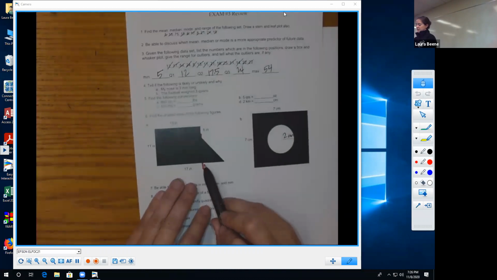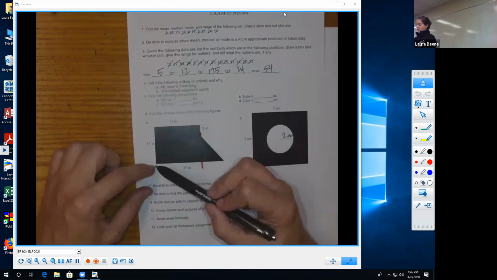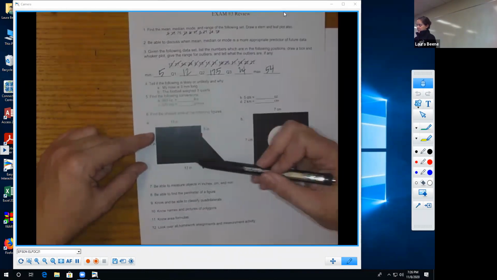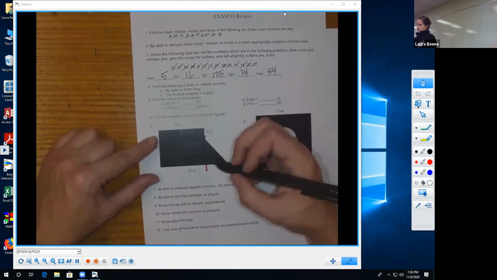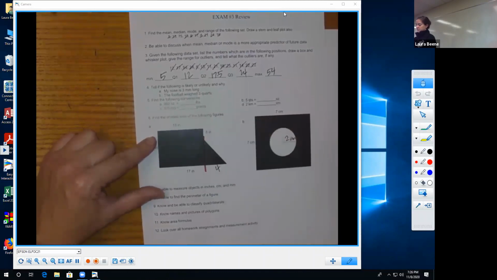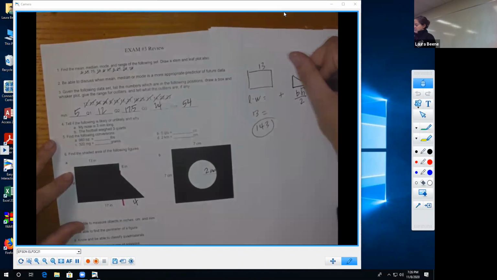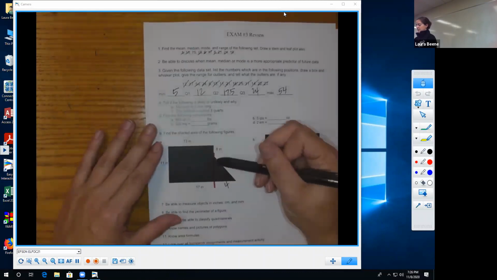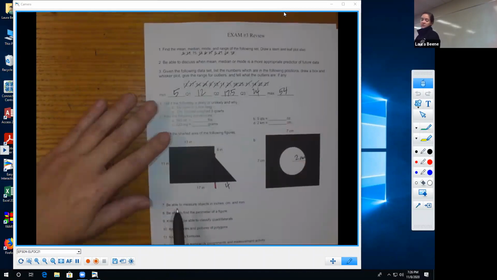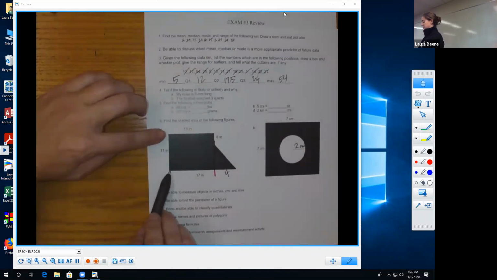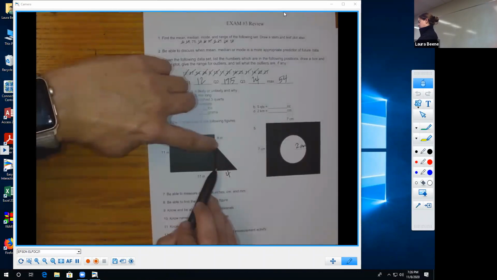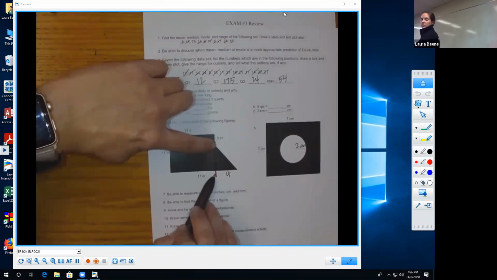So to figure out this base right here, if this whole thing is 17 and this part is 13, this piece would be 17 minus 13, which would be 4. So the base of the triangle is 4. Same thing to figure out the height here. This is obviously not drawn to scale, but if the whole thing here is 11 and right up here is 8, 11 minus 8 would give me 3.